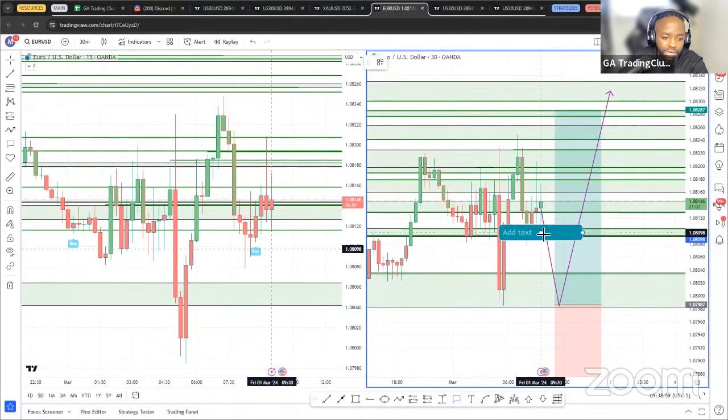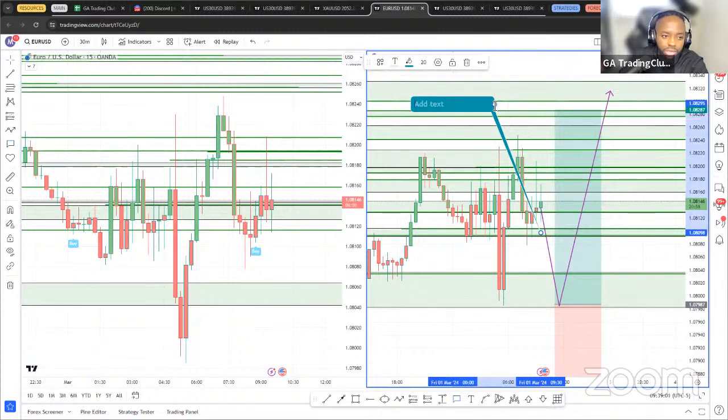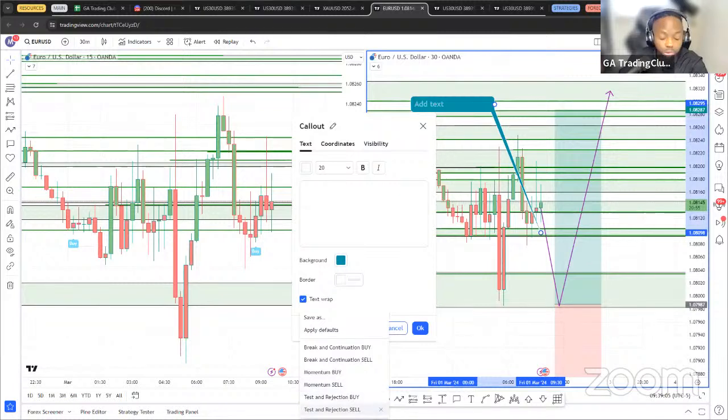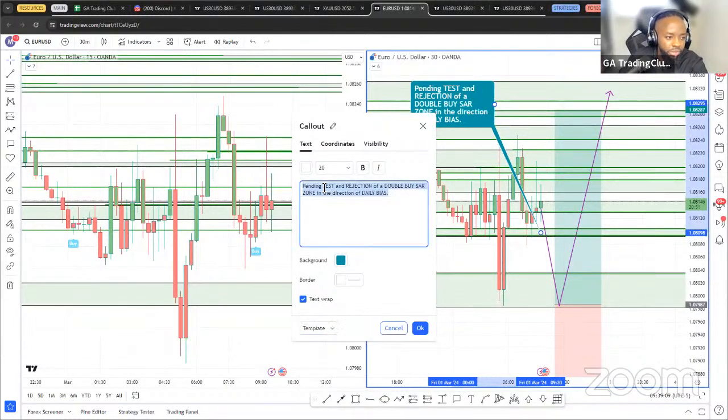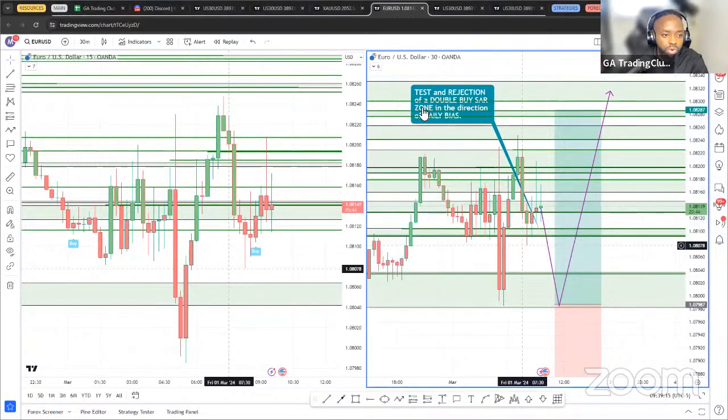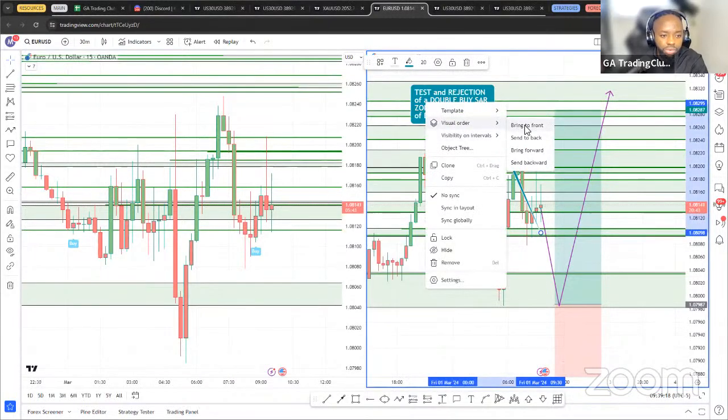So if this does validate, and again, this may validate later on, post noon Eastern Standard Time. This is a test and rejection buy, which already validated. And then, of course, here, we want to know where somebody would be achieving a 1:1 risk to reward.